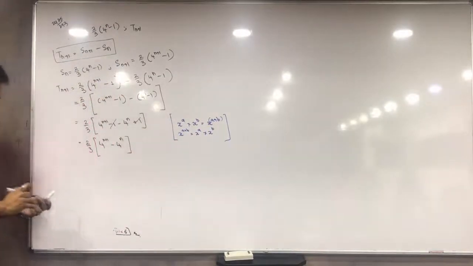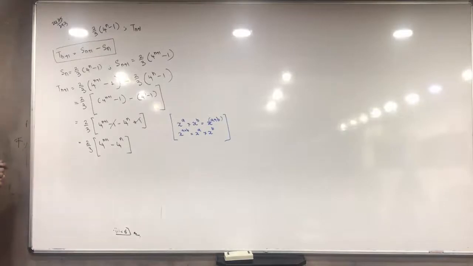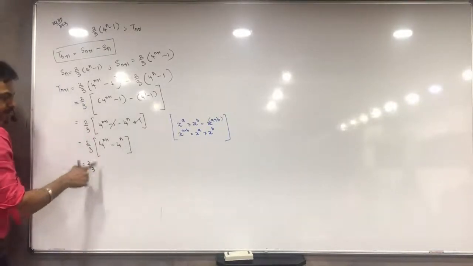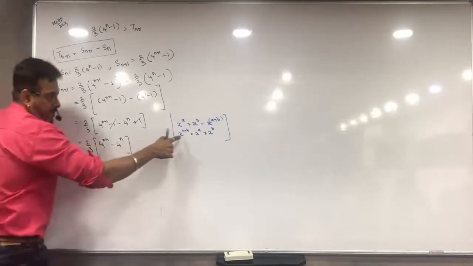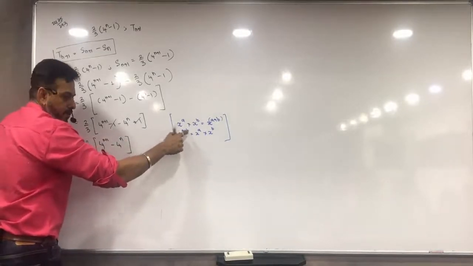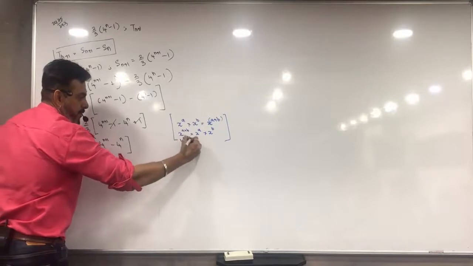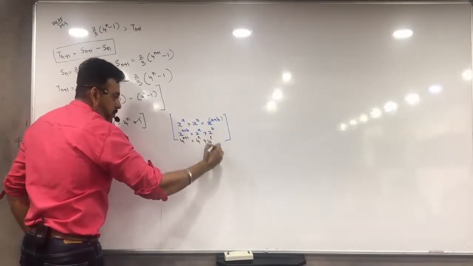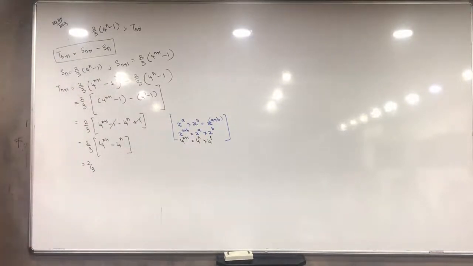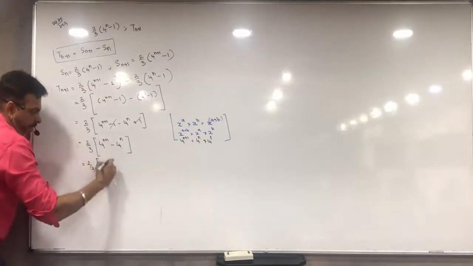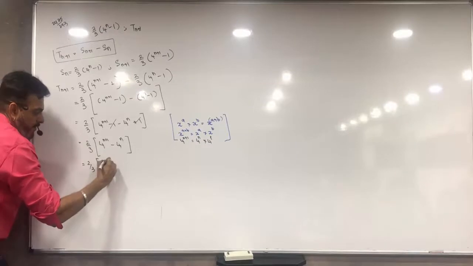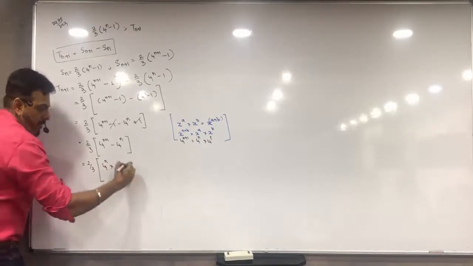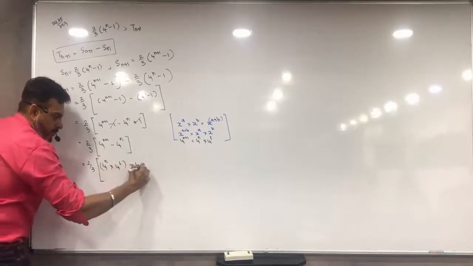Now over here, what we have is 2 by 3, 4 raised to n plus 1. 4 raised to n plus 1 is equal to, can I say 4 raised to n into 4 raised to 1? So over here, I split this: 4 raised to n plus 1 is 4 raised to n into 4 raised to 1, minus 4 raised to n.